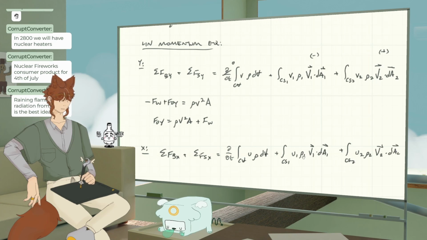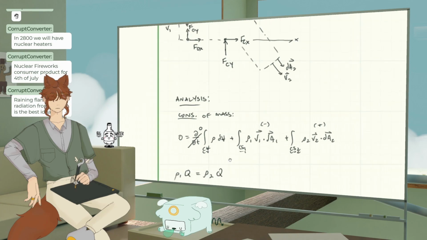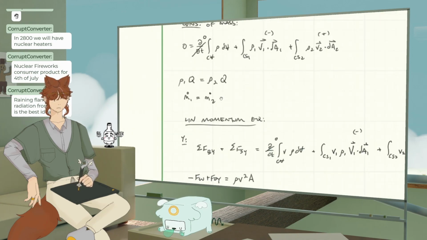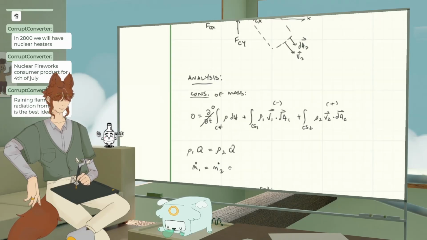Cool. Alright, so body forces in the X, we have none, but we do have two reactions here, so that's the... Oh, wait. Oops. We have 3 in the Y. Whoopsies.